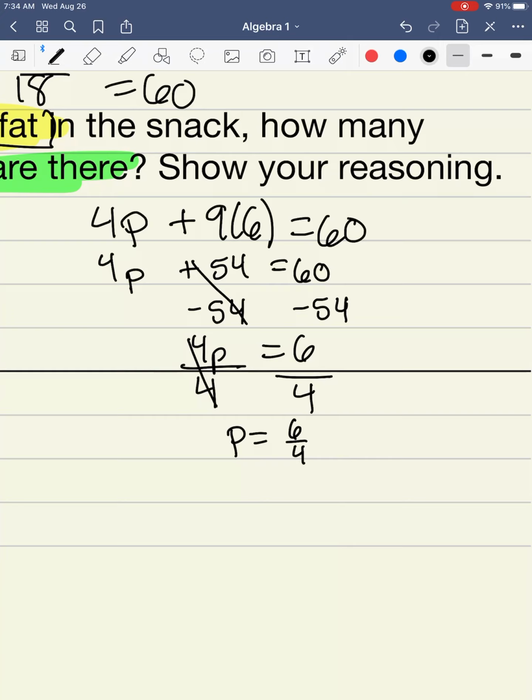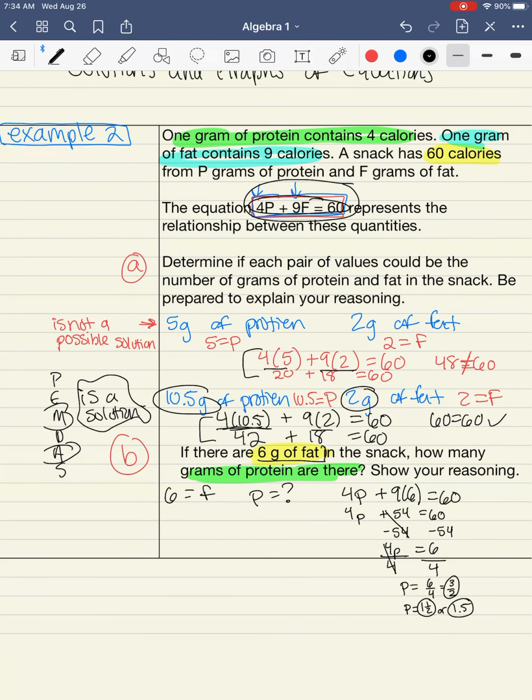I notice that 6 and 4 are both divisible by 2, so I'm going to do that to simplify and get 3 over 2, which is the same as 1 1/2 or 1.5. Any way of expressing this answer is acceptable. So for 6 grams of fat, the protein has to be 1.5 grams to satisfy this 60 total calories.